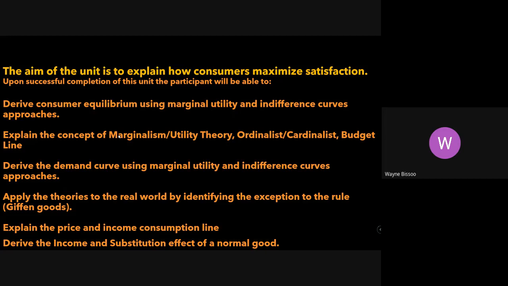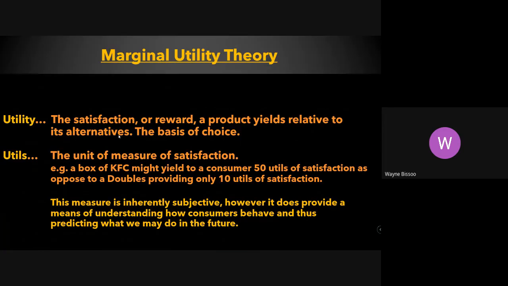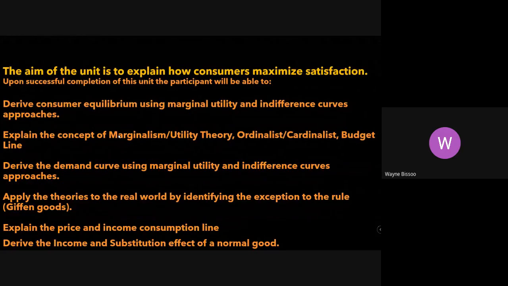Derive the demand curve using the marginal utility and indifference curves approach. Apply the theories to the real world by identifying the exceptions to the rule, for example, Giffen goods. Explain price and income consumption line, derive the income and substitution effect of a normal good. And that's primarily what the course outline asks us to do.